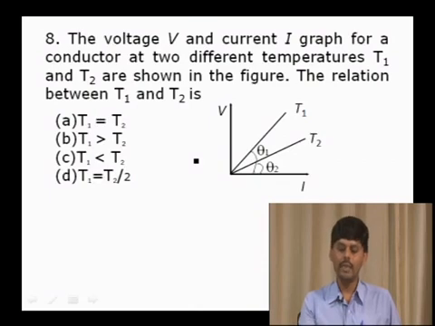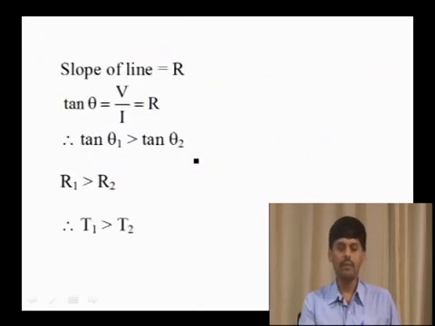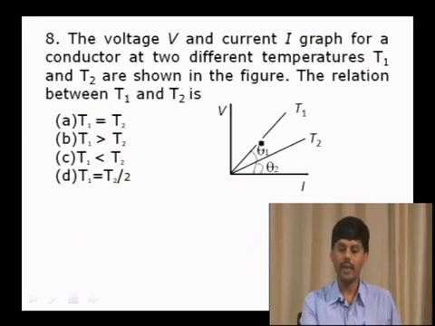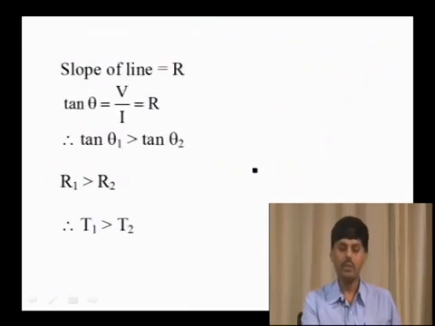From this graph we can calculate the slope of the line, anywhere you can calculate, this is the slope of this. That slope of the line gives the resistance of the material, the slope which is nothing but tan theta, voltage by current, which gives the resistance.